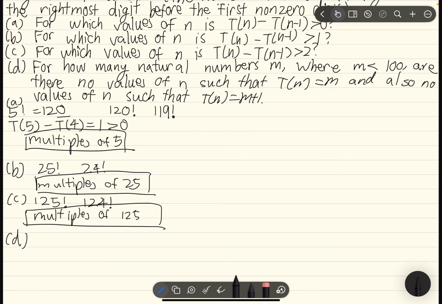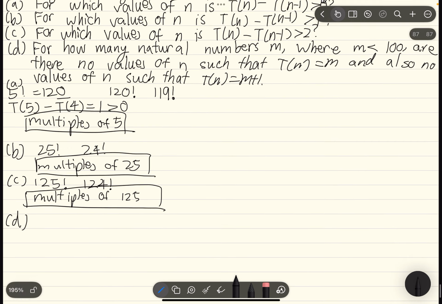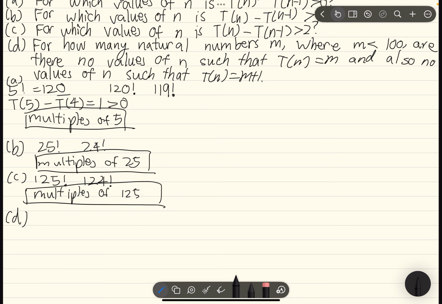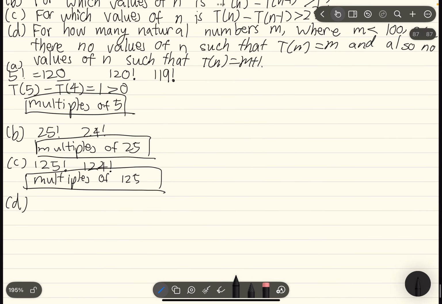Moving on then. D. For how many natural numbers m where m is less than 100 are there no values of n such that Tn equals m, and also no values of n such that Tn equals m plus 1? Okay, so what does this problem actually mean then? If we dissect this problem and try to understand what this means in terms of the factors of 5 in the factorial, this basically means there are no such values of n such that there are m factors of 5.